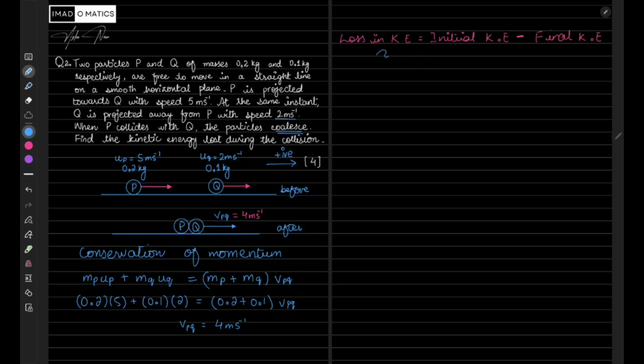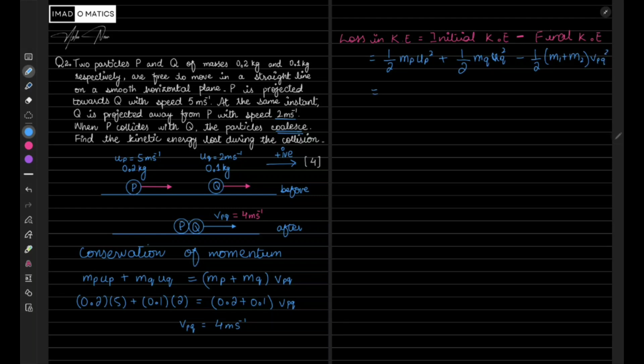So it will be, initial kinetic energy is half mp up square plus half mq uq square minus final, which is half m1 plus m2 and their coalesced velocity, like the one whole particle, vpq square.